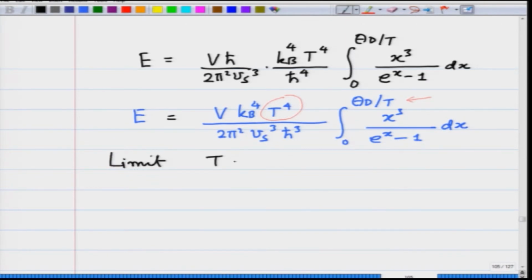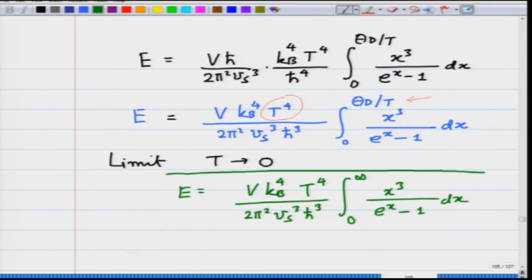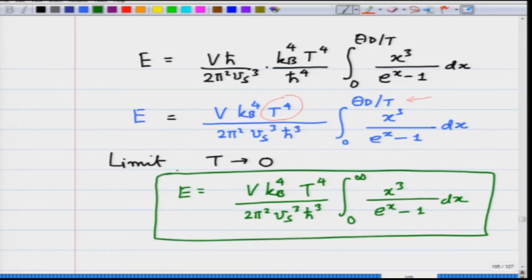So, if I take the limit of T becoming very small, in that case E becomes V k b raised to 4 over 2 pi square v s cube h cube, integral 0 to infinity, and there is a T raised to 4, x cubed over e raised to x minus 1 dx, and then the dependence on temperature for the total energy becomes exactly T raised to 4, which is like the photon energy.